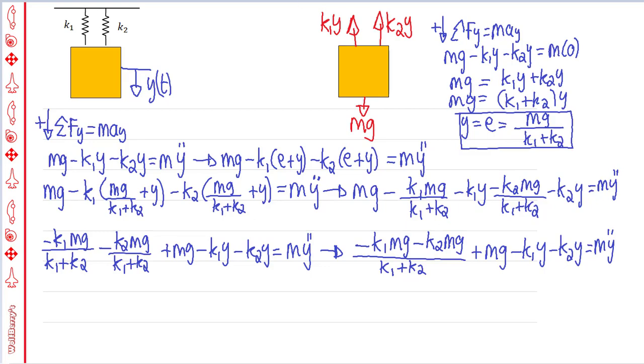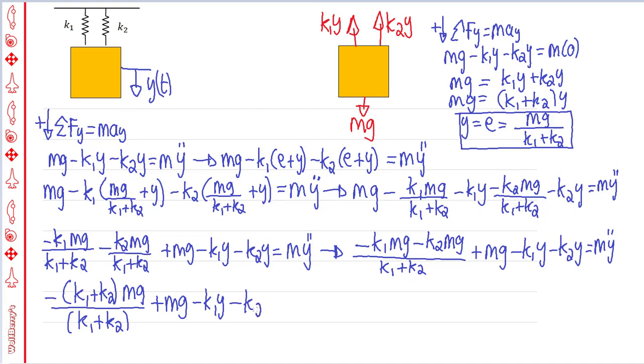So in the end it's going to be minus open bracket k1 plus k2, mg all divided by k1 plus k2. Again, the rest of the equation plus mg minus k1y minus k2y equals my double dot.